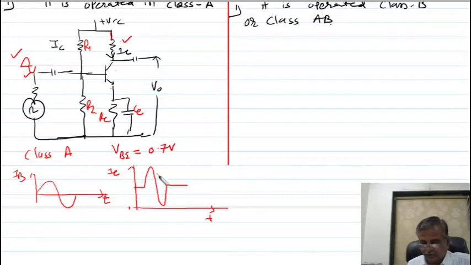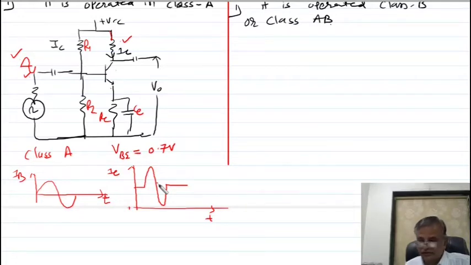So for positive, collector current will flow, for negative, collector current will flow. So this is possible only when base emitter voltage is of the order of 0.7. This you should keep. So this operation is called class A operation. Simple conclusion first: if VBE is kept of the order of 0.7 volt for a transistor amplifier circuit, and the collector current flows for both halves of the AC input cycle, then it is called class A mode operation.